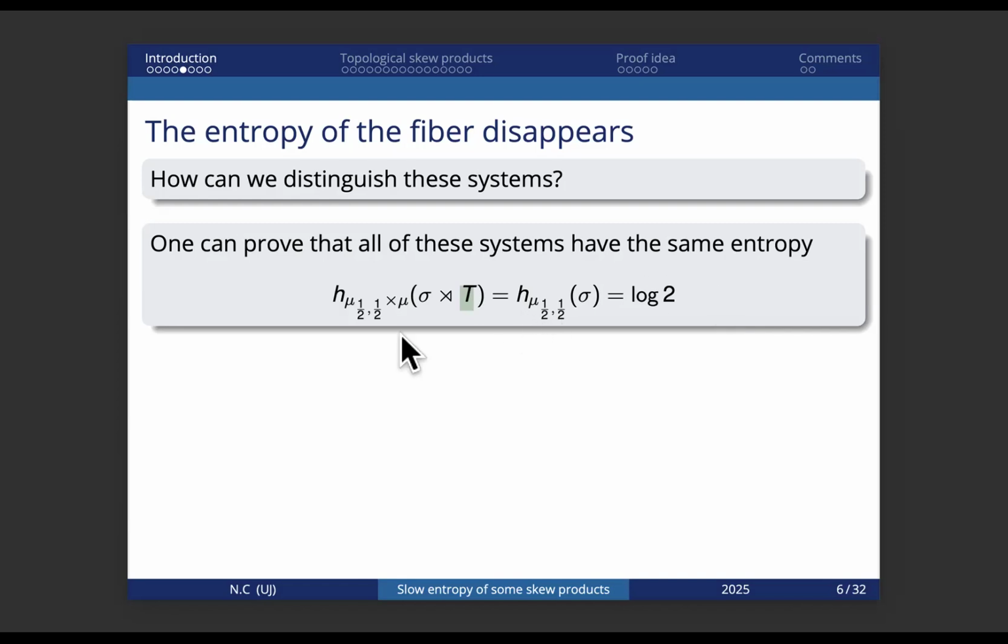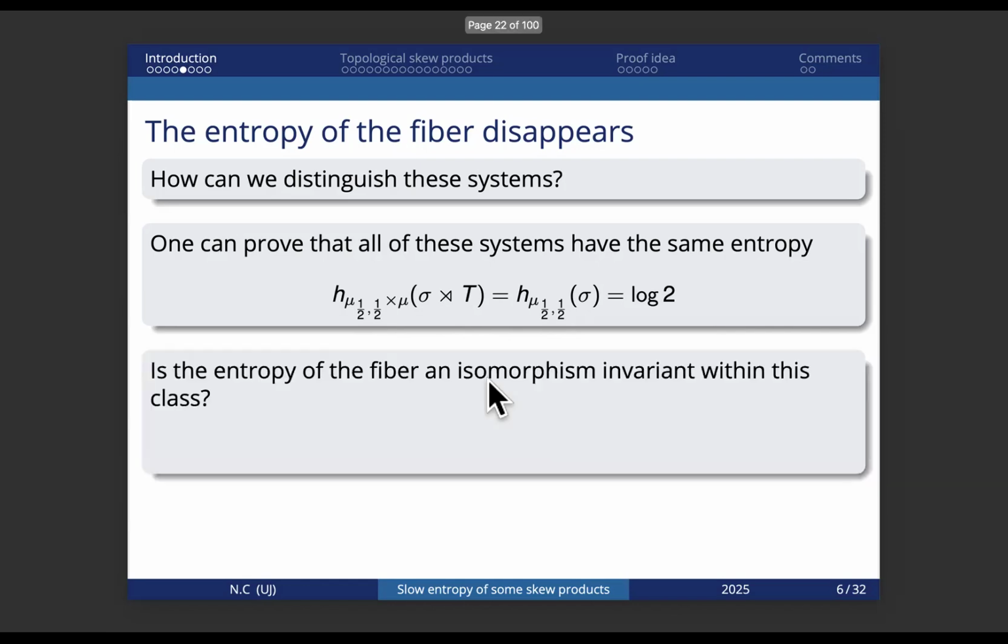One way to prove this is with Abramov and Rokhlin's entropy formula, which says that the entropy of a skew product is the entropy of the base plus an integral, which one can prove in this case is always 0. So entropy doesn't tell us much.